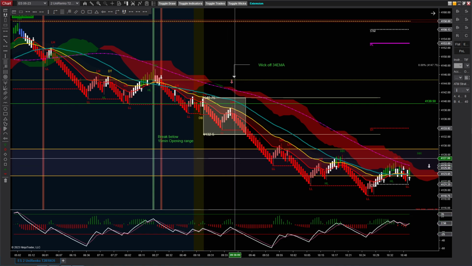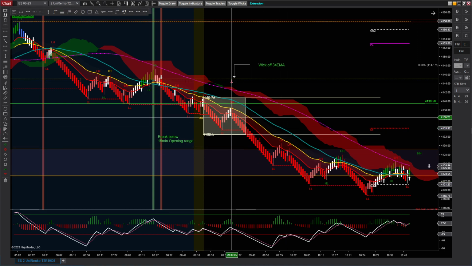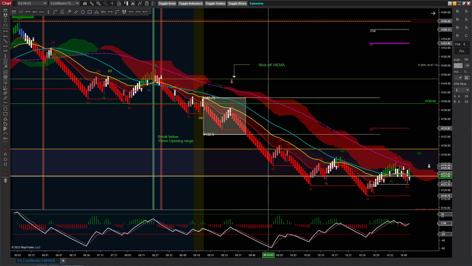Okay, so then the market closed the first 15 minutes right there and continued moving to the downside. Okay, so that one is a good entry. I did not take it, but it was a very valid entry.